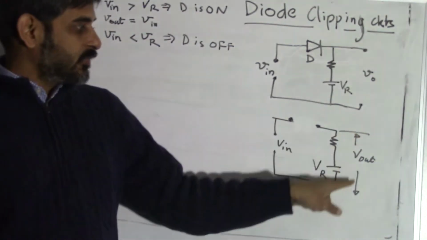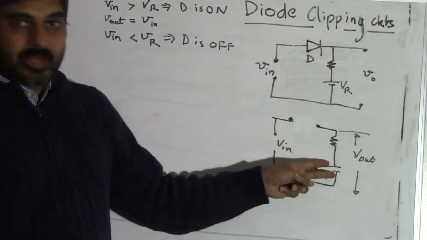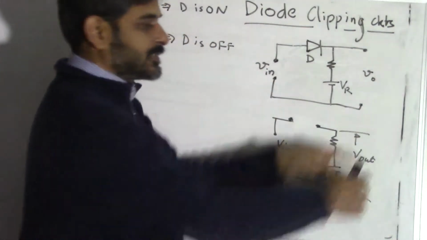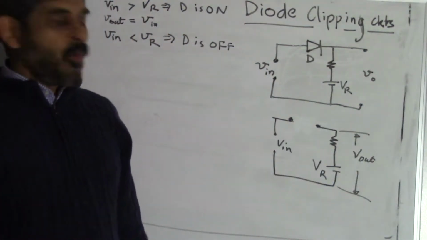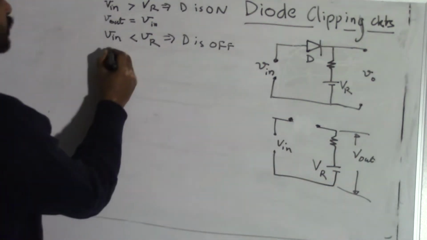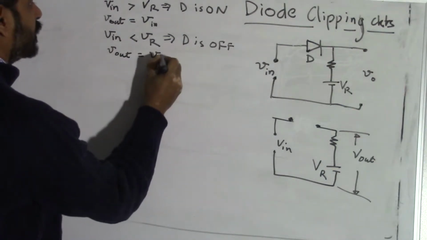In that case, V out will be the same as the voltage appearing on VR, because this is an open circuit. We have not connected any external resistor. So this open circuit voltage here is going to be the same as VR. So we write V out is equal to VR.